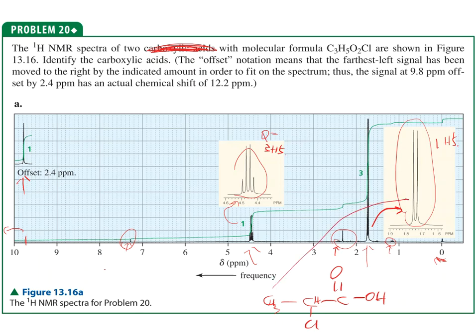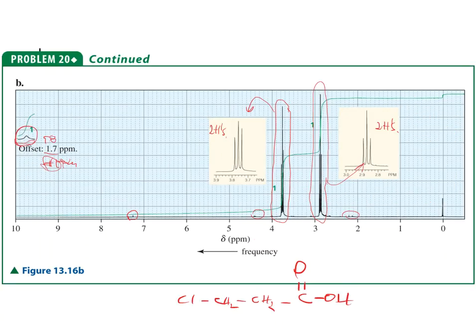So that perfectly matches what we're seeing right here. It's the very first major signal, and it is split into 2. The next signal that I'm going to get is this CH group that has a chlorine on it. That is electronegative. It's going to happen much further downfield in the NMR, and it does. And that has a quartet that's assigned to it. And sure enough, that is that particular signal there. So it all matches pretty well.